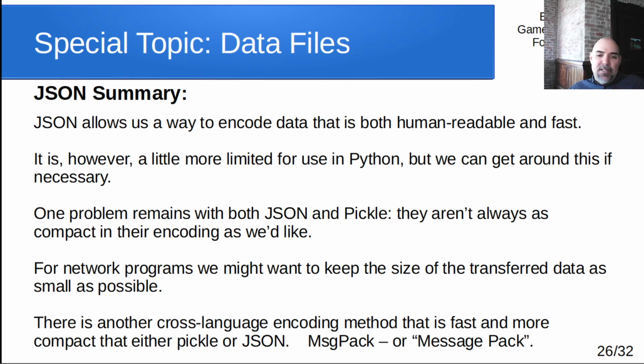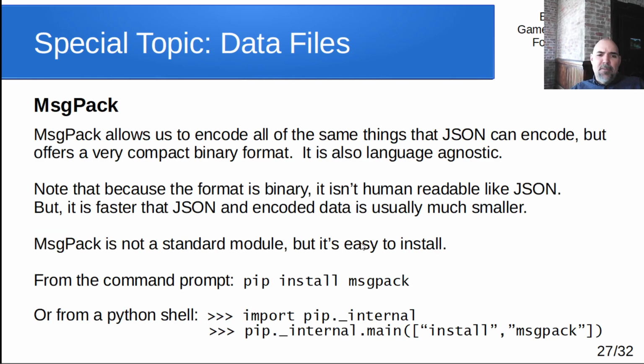And what MsgPack does is it's super fast, very compact, uses much less space than Pickle or JSON. And it's also cross-language like JSON is, meaning that you could have a C++ program on one end and a Python program on another and have them talk using MsgPack. All right, so let's look at MsgPack.